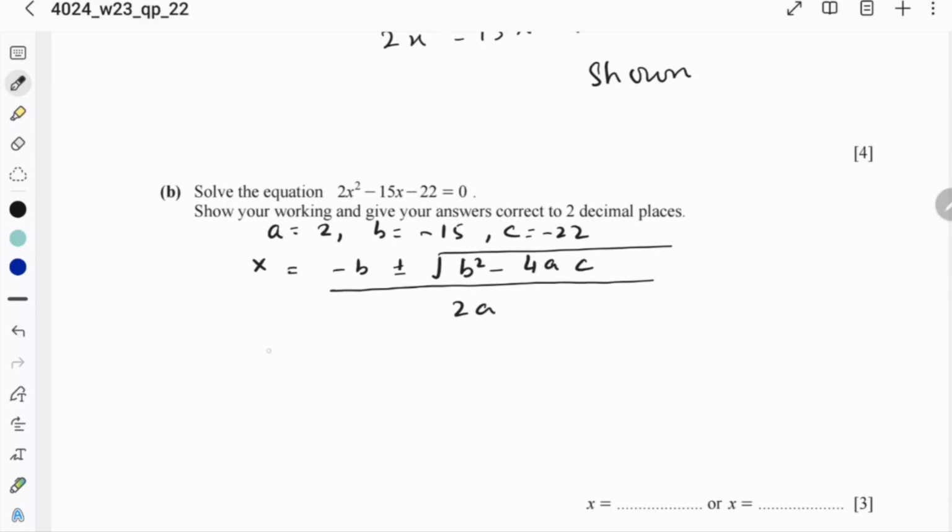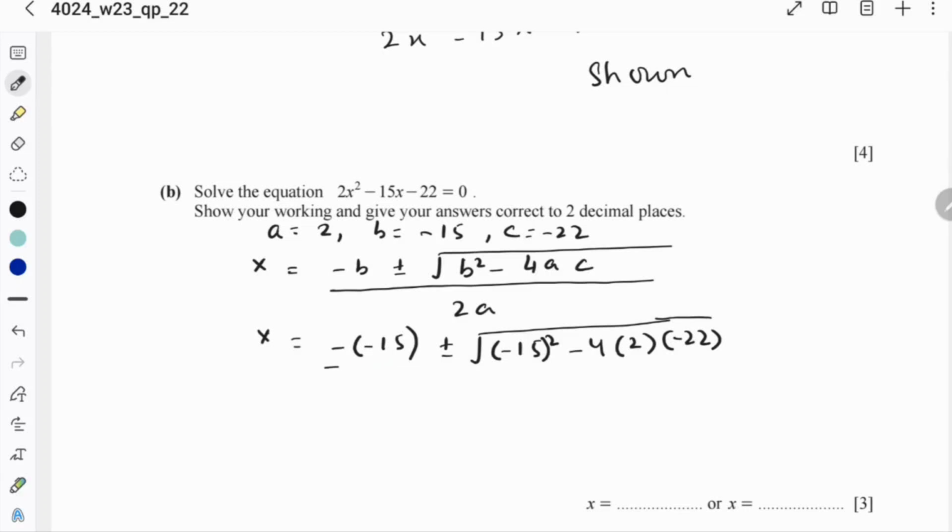So x equals minus minus 15, which becomes positive, plus minus the square root of minus 15 square minus 4 times 2 times minus 22, upon 2 times 2.